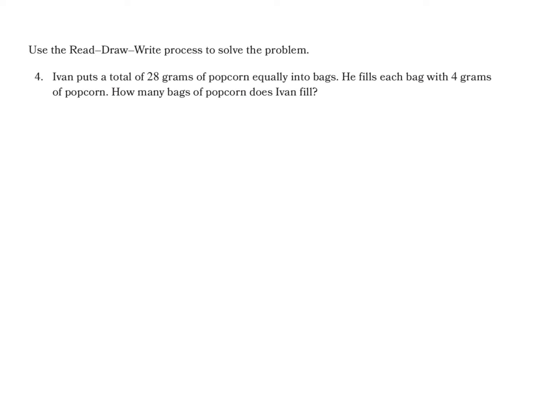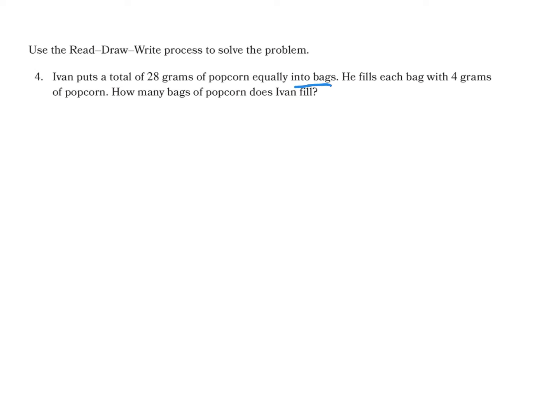Last one, Ivan puts a total of 28 grams of popcorn equally into bags. He fills each bag with 4 grams of popcorn. How many bags of popcorn does Ivan fill? So think about some key words that are in this story. Are we going to be doing addition, subtraction, multiplication, or division?